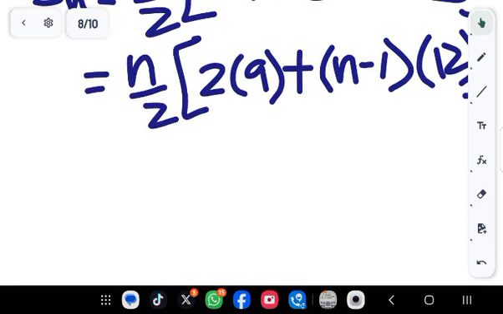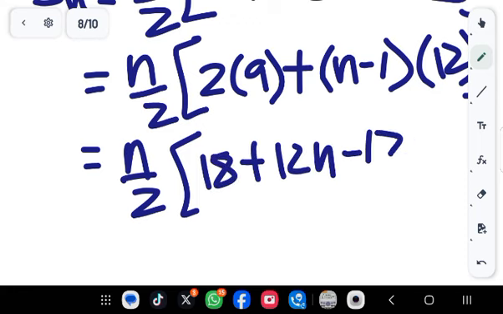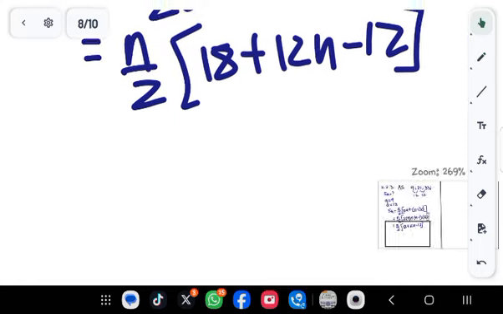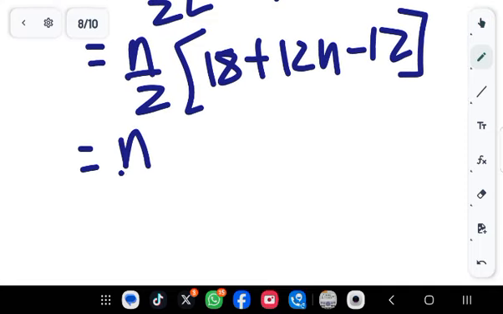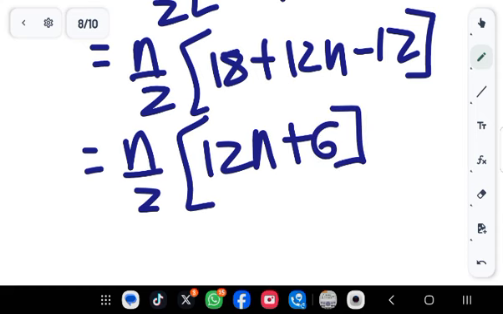Now we expand: n over 2 in bracket 18 plus 12n minus 12. That gives us n over 2 times 12n plus 6.